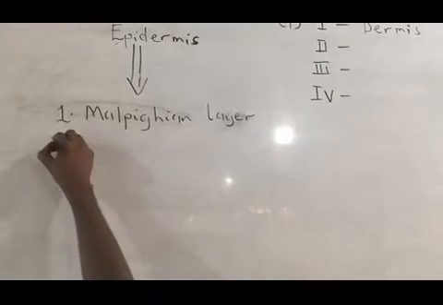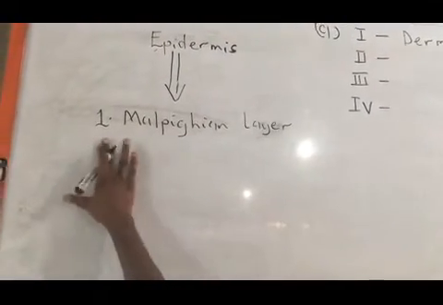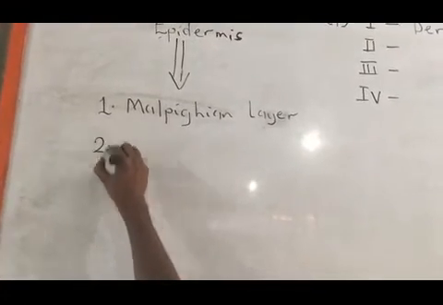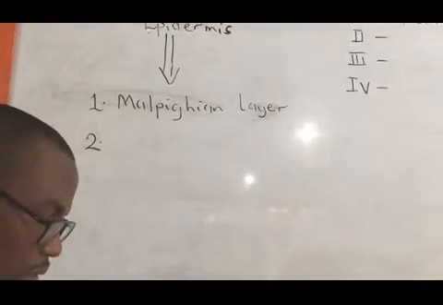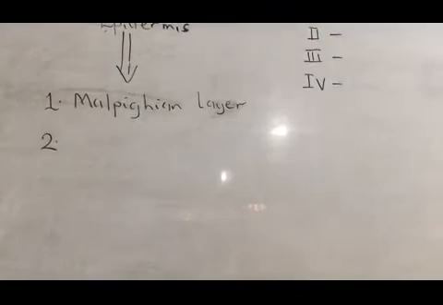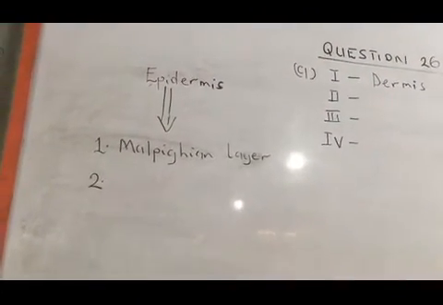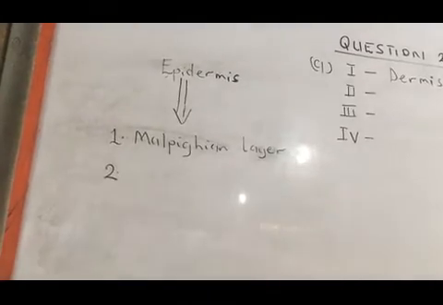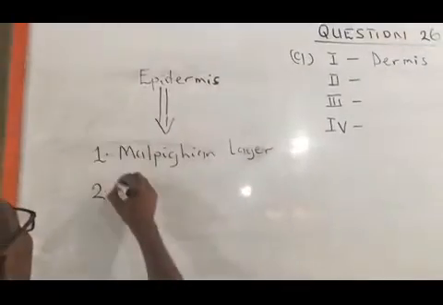Then we also have the cornified layer. And then we also have the stratified layer. So those are the various parts of the epidermis.